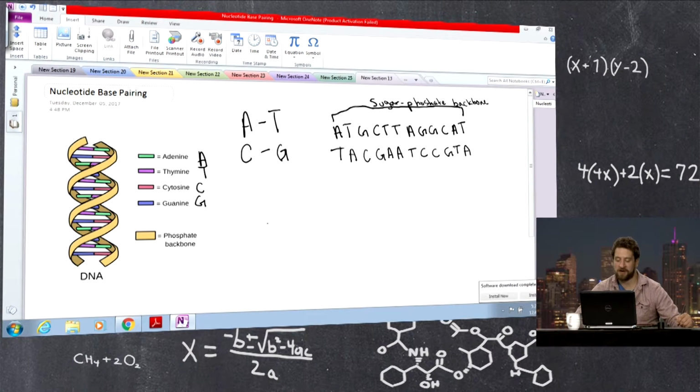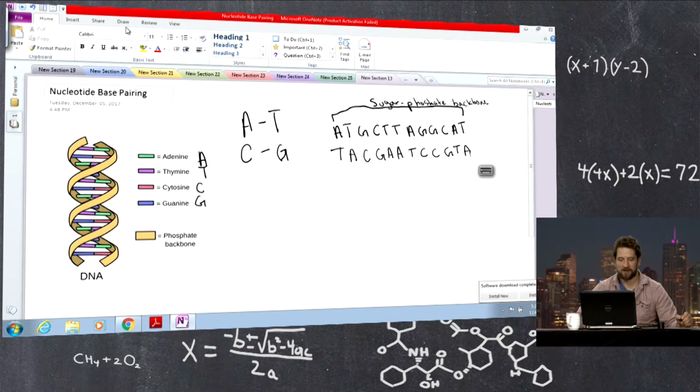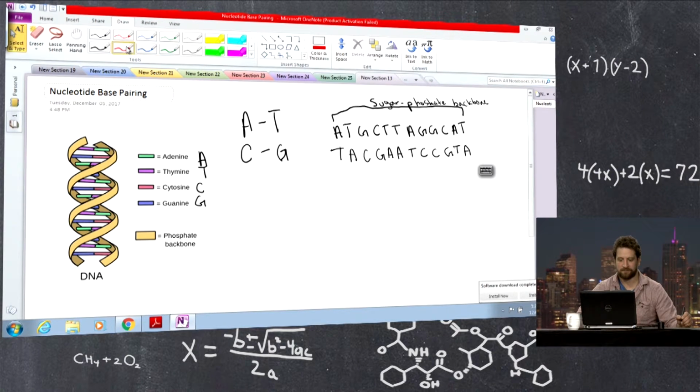So if we imagine RNA, and let's change color here. I'll do RNA in red down here.